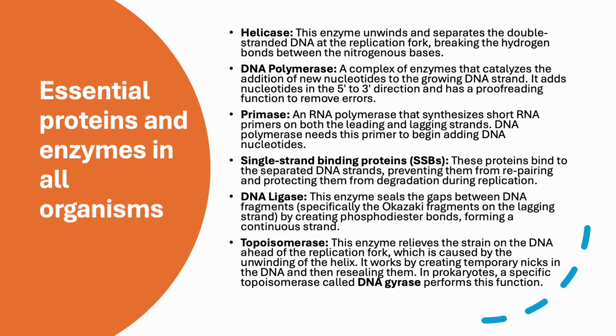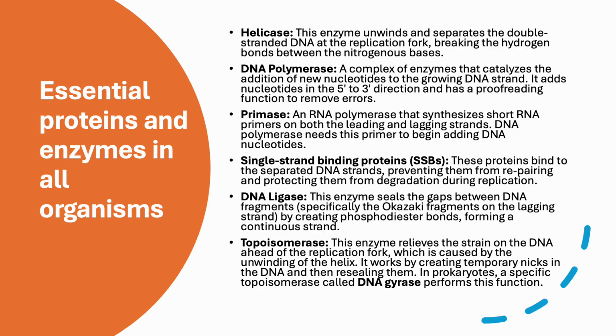In the lagging strand, it will form fragments: it will add from 5' to 3', then go to another segment and add from 5' to 3'. So the ligase will join those fragments that were formed, which are called Okazaki fragments, on the lagging strand, creating a phosphodiester bond and forming a continuous strand.